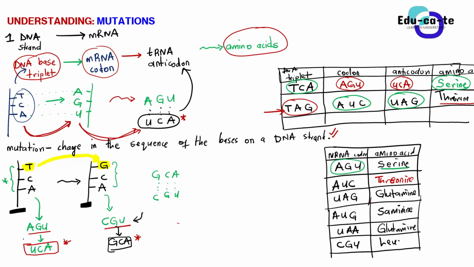Now, guys, remember that at first, if the thymine didn't change, this DNA-based triplet TCA was able to create the codon AGU, and this AGU would look for the anticodon UCA from the tRNA molecule.